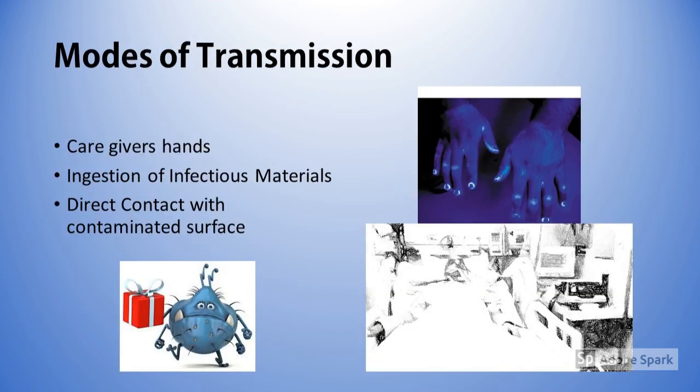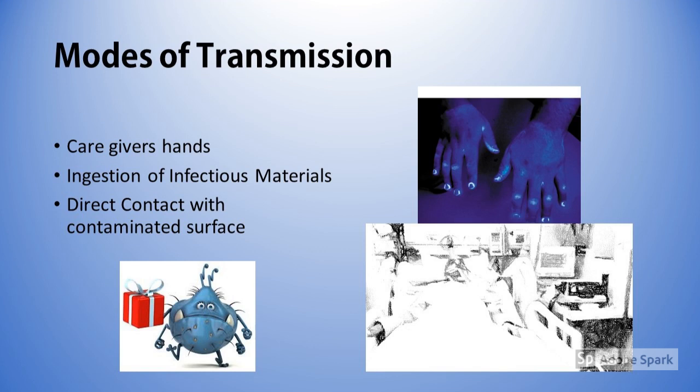When we look at the modes of transmission, the number one way this bacteria still looks to get around is on caregivers' hands. Lack of attention to detail when wearing gloves, washing hands, using hand sanitizer in and out of the rooms, and just really not following infection control policies is still our number one way of spreading this from patient to patient.